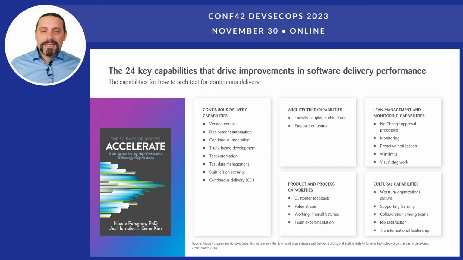Then the cultural capabilities are very interesting. There you have the Westrum organizational culture, where we distinguish between 3 different types of companies. There is the pathological company, there is the bureaucratic company, and there is the growth company. Pathological, there when a failure happens, the person who reports the failure or has caused the failure will get shot.